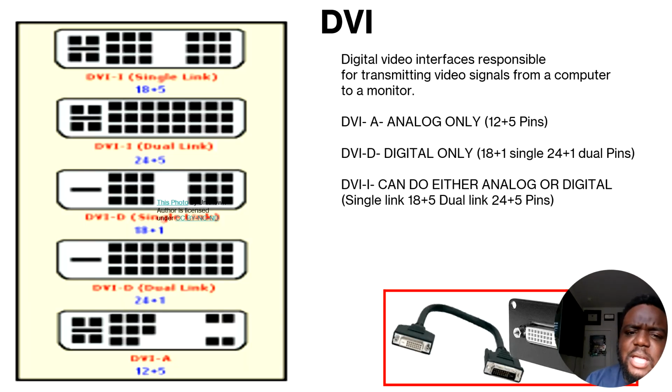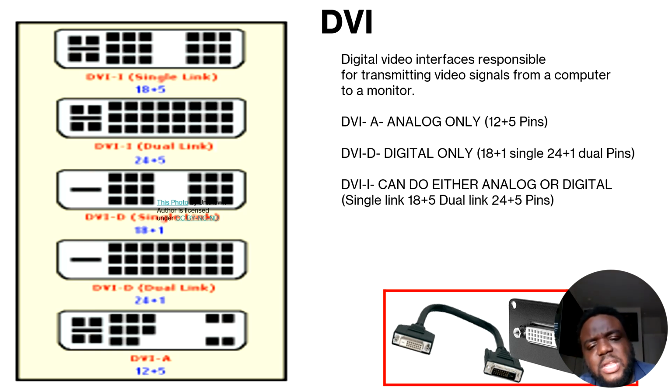Unlike the DVI, so the DVI is in a sense the same, responsible for transmitting video signals to a computer from a monitor, but it has more enhanced signals. And they have the DVI-A, the DVI-D, and the DVI-I. So the DVI-A and DVI-D, one is analog and one is digital.